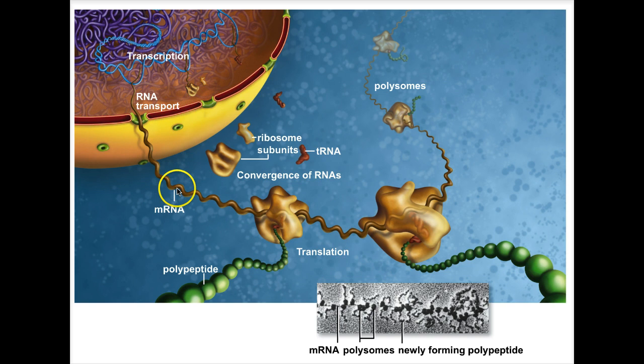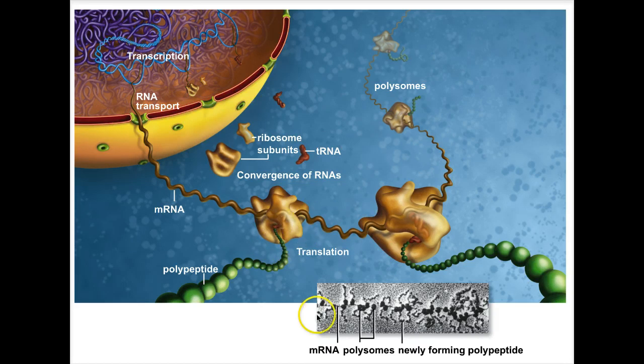So here we have our messenger RNA now out in the cytoplasm. It is going to be read by a ribosome. A ribosome is made up of a small and a large subunit. Here we can see a ribosome has been assembled around this messenger RNA molecule. As the ribosome reads the message, tRNA molecules that are floating free out in the cytoplasm containing the correct amino acid will bind to the complementary codon that is being read by the ribosome, delivering their corresponding amino acid.